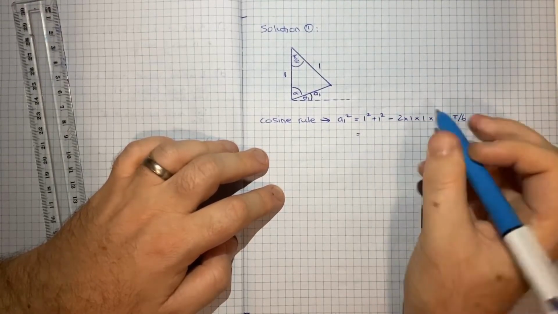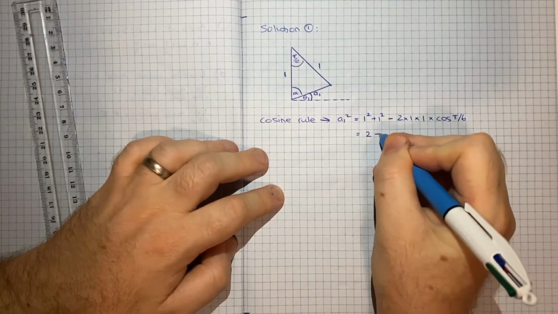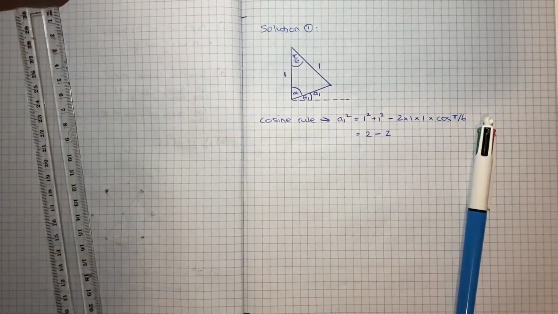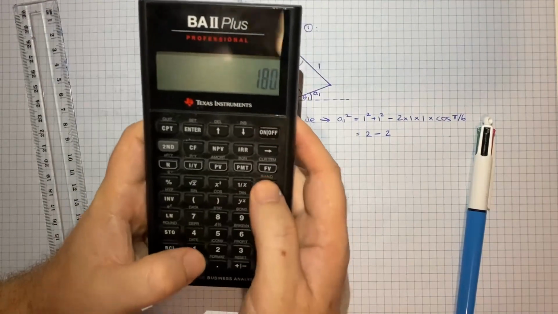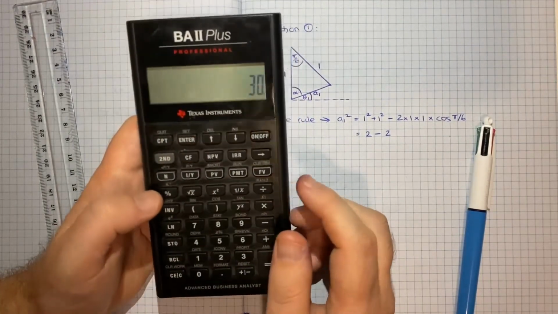So that's going to be equal to 1 plus 1 is 2, minus 2 times 1 is still 2. And cos pi on 6, hopefully you recognize that one. So if I did 180 divided by 6, we're at 30. So that's going to give us root 3 on 2.